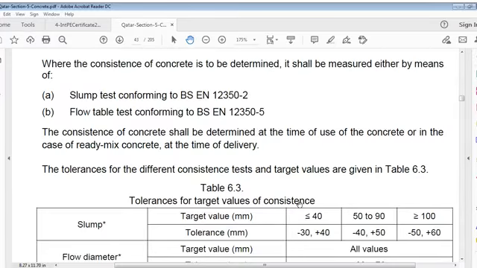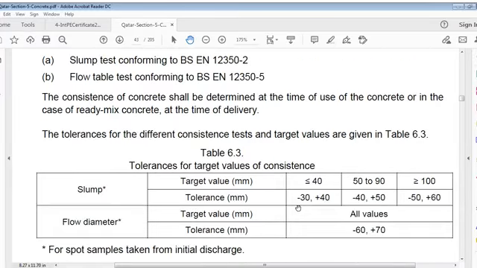Consistence of concrete shall be determined at time of use of concrete, or in case of ready-mix concrete at time of delivery. Tolerances for different consistence tests and target values are here in this table 6.3.